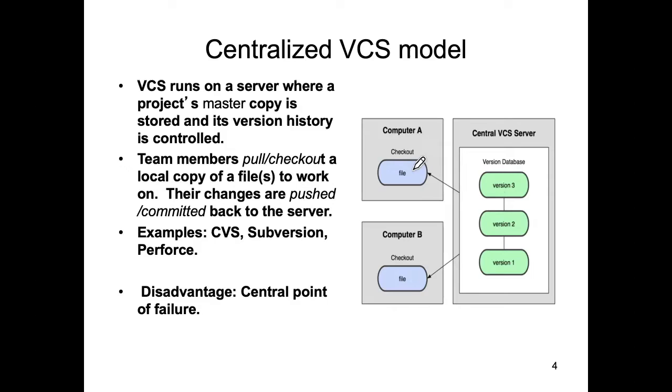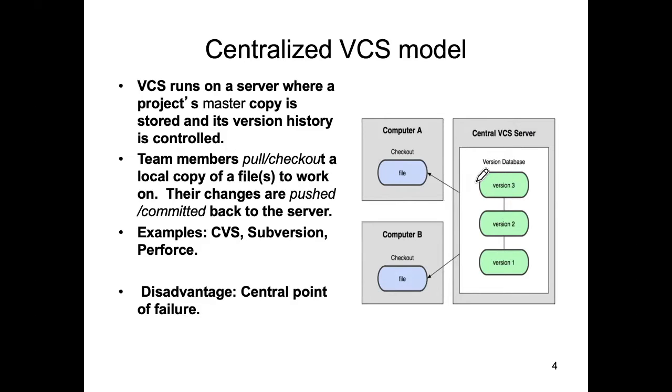We refer to that as committing our work back to the central server. And the central server will update the database, update the repository, and it'll also record who made the changes and what changes were made. We don't care how it records those, it records them some way.